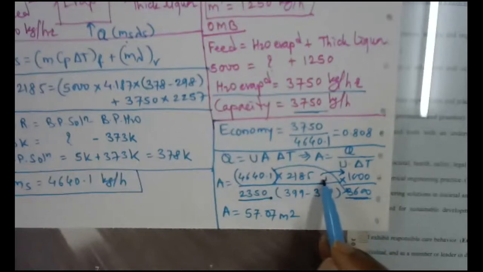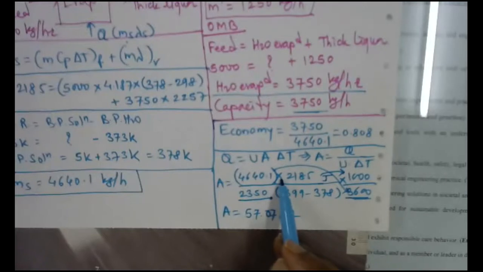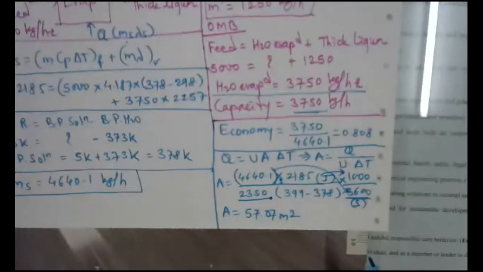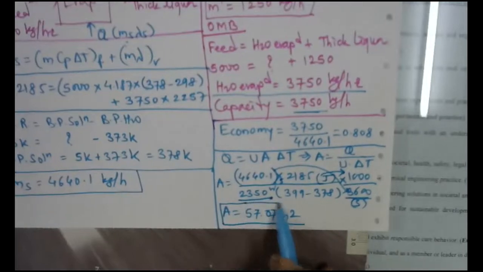Then the joule and the per second give us the watt unit. Only with this unit conversion do we get the area value of approximately 57 meter square. In this way, we can calculate the heat transfer area.